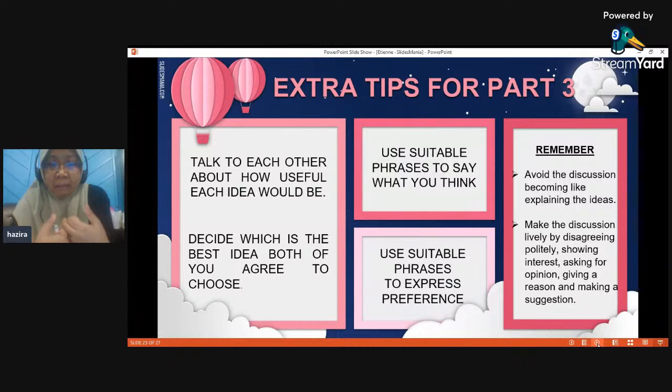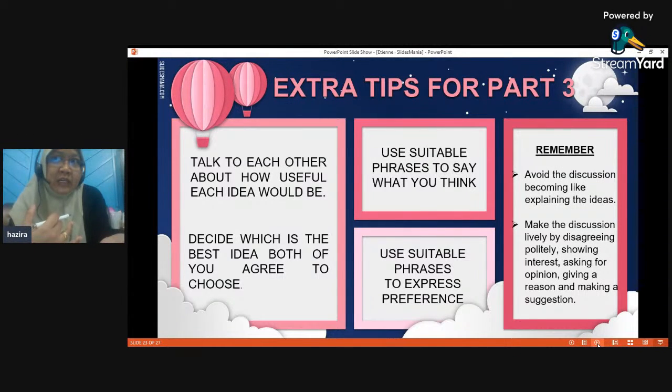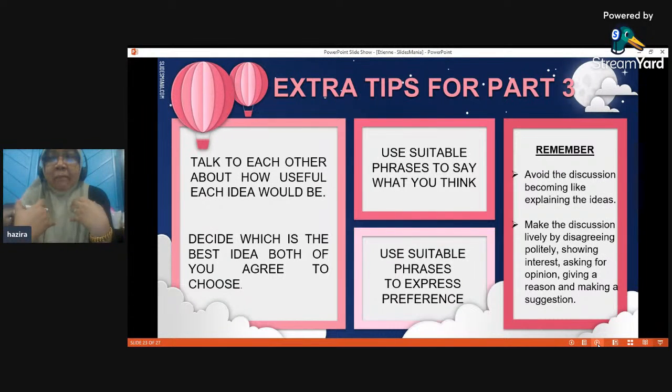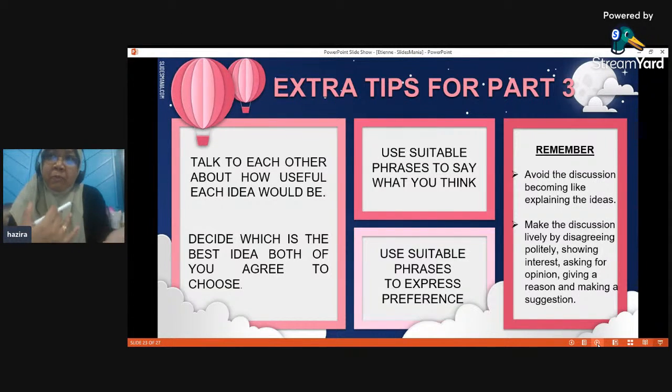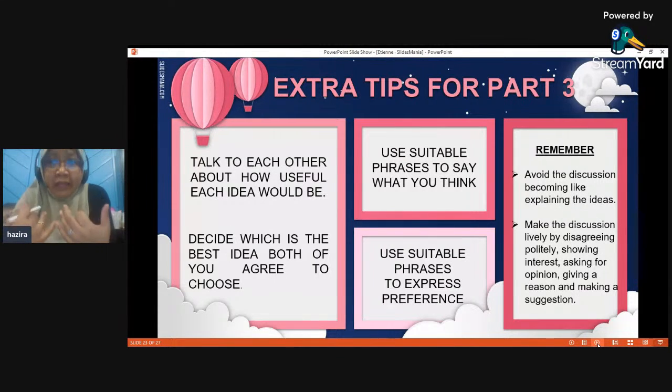For example, when you want to state which one you like more, which one you prefer, you can say, okay, personally I would prefer to have this point instead of yours. Okay, example.